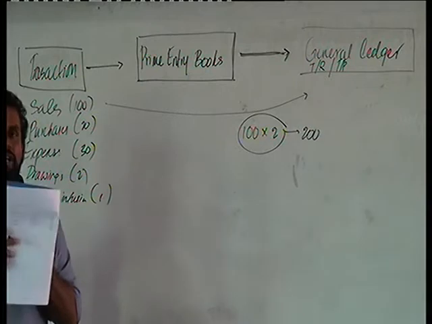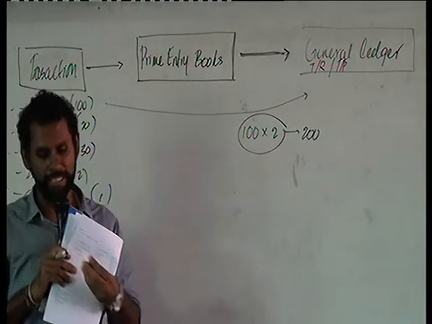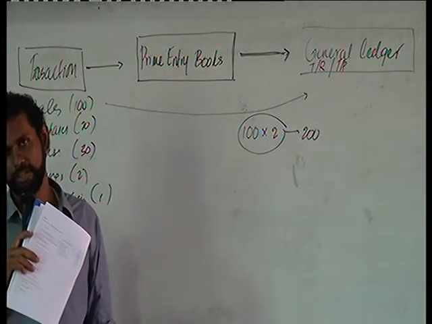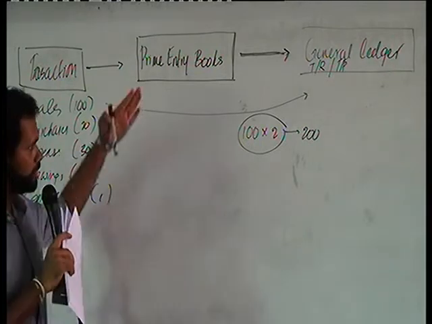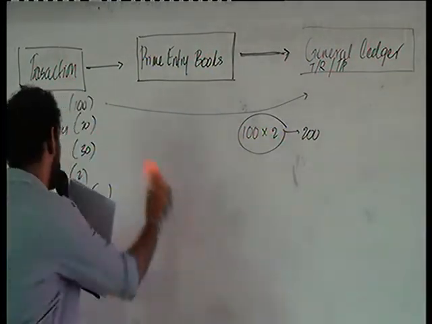That is not practical. Practically, a company cannot record each and every transaction when it happens in the general ledger. So that is why they use a middle layer called prime entry books.